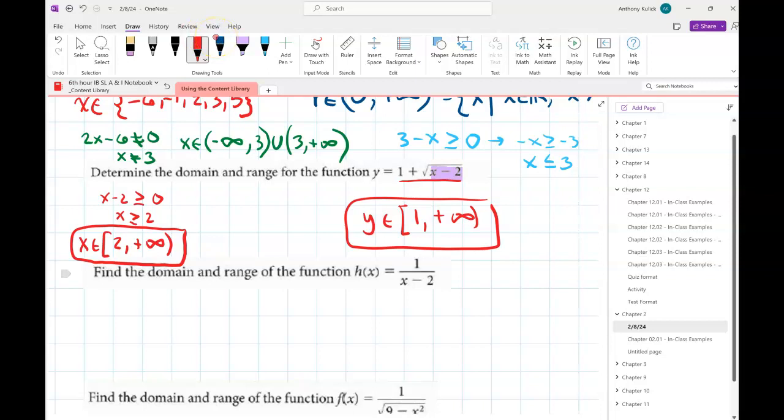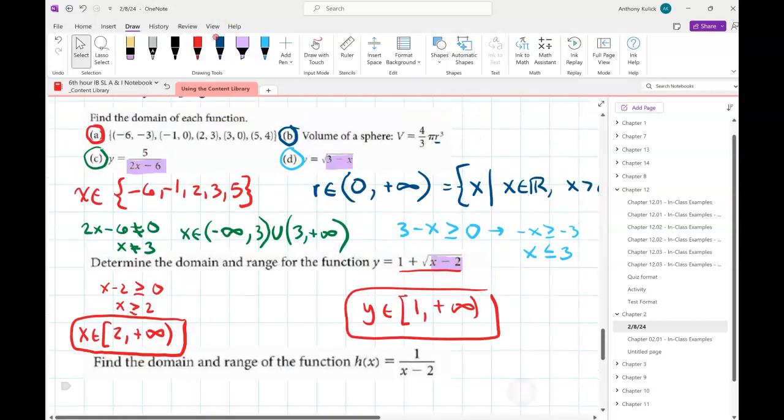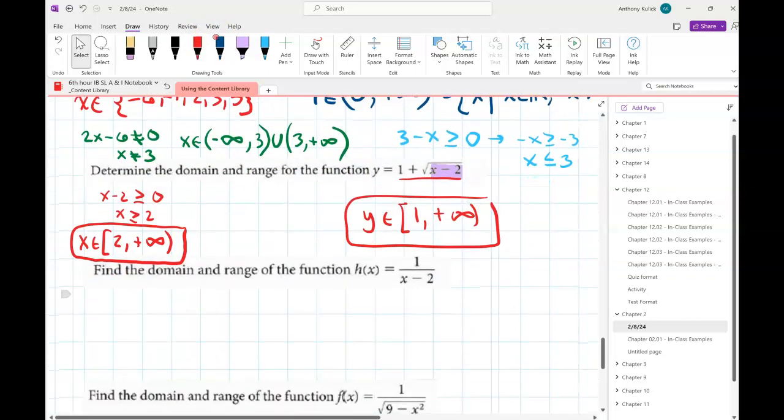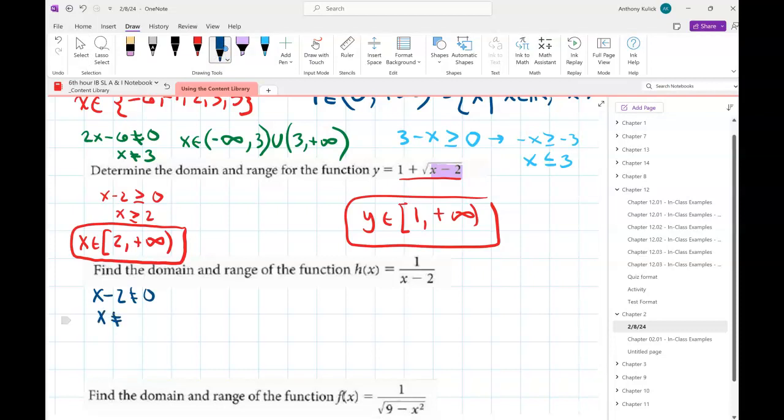Here, same idea as the green one from above, right? I'm just going to take that denominator and set it not equal to 0.